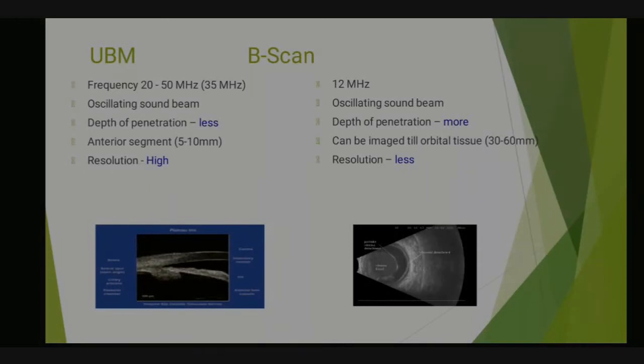Resolution is high in UBM and less in B-scan. So the common features UBM provides are high frequency, so less penetration, high resolution, and it penetrates around 5 to 10 millimeters.